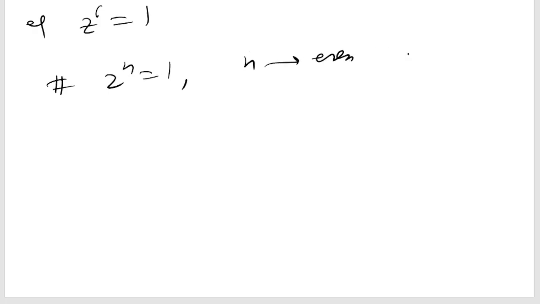For example, let's say z to the power 6 is equal to 1. Again, since one root is 1, we are sure. By the way, you should know that if z to the power n is equal to 1, and n is even, then 1 and minus 1 are the roots.